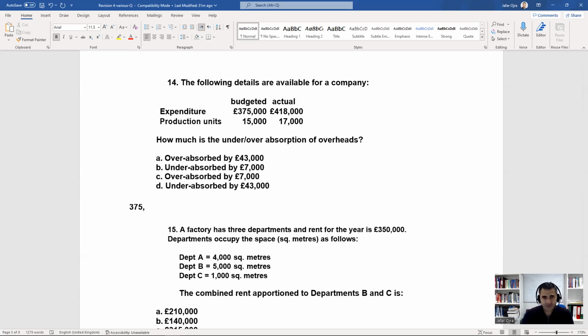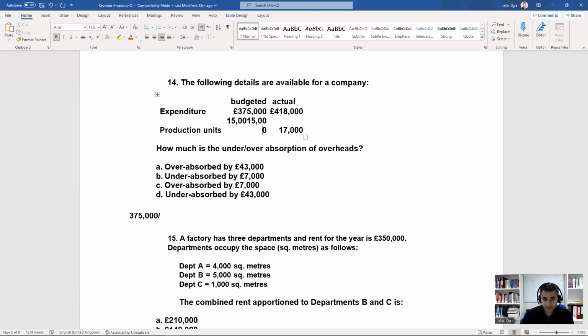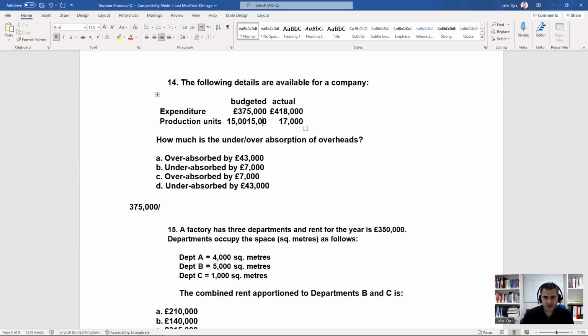375,000. You divide it by the number of production units, which is 15,000. How much do you get? £25 per unit.